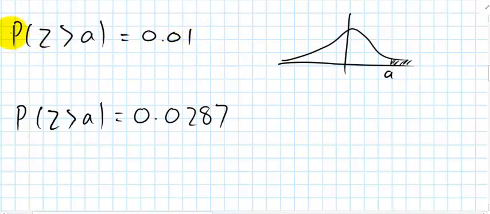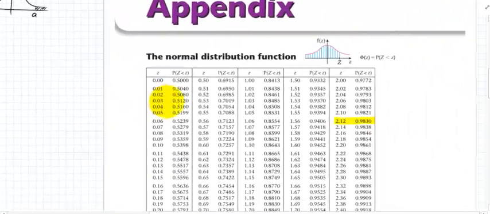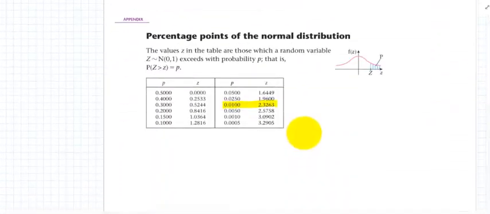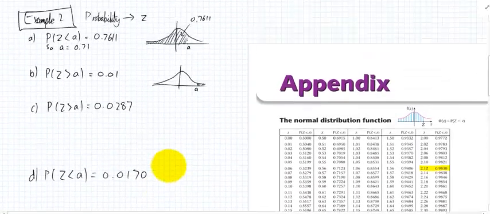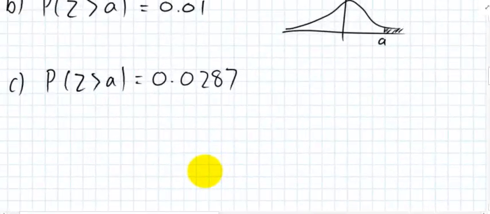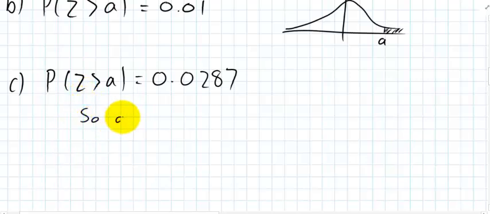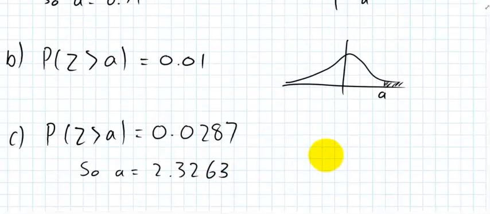So we should use the table of percentage points. So let's look up 0.01 in the table of percentage points. We want the probability to be 0.01, and we want the corresponding Z value, which is 2.3263. So A equals 2.3263.